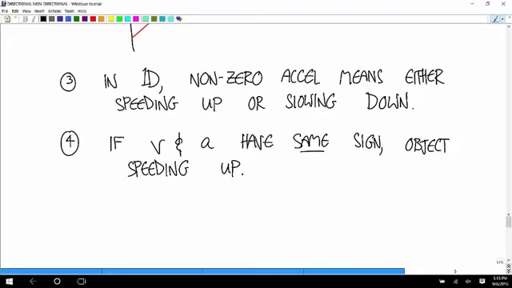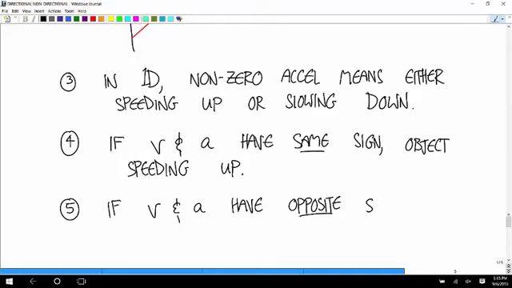If they're both negative, the object's moving in the negative direction and speeding up. And if v and a have opposite signs, the object is slowing down. The velocity tells you the direction, and the two signs together tell you whether it's speeding up or slowing down.